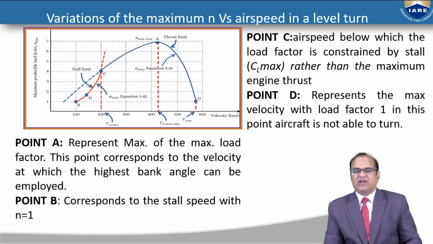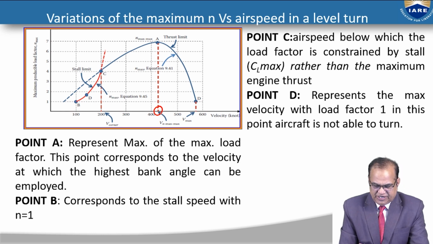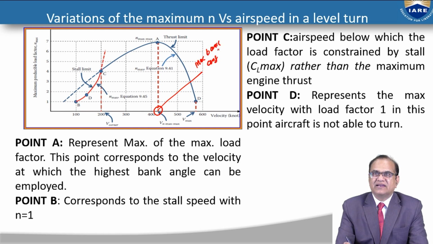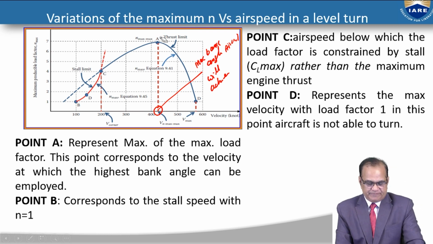If you are flying your aircraft at this speed, nearly 410 or so in this case, this is the velocity at which the aircraft will achieve the maximum bank angle. This is called point A, very important.